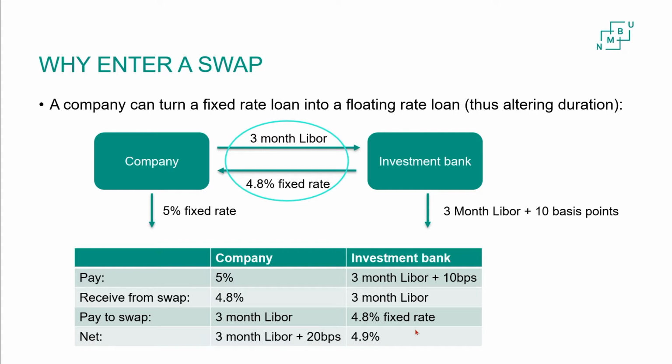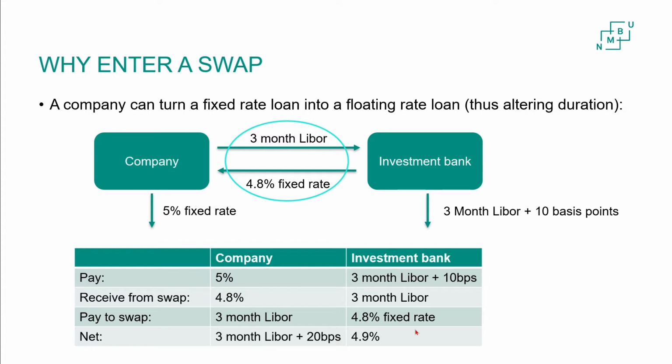So in order to reduce the interest rate risk, you could switch your fixed bond into a floating rate bond, because as you remember, the floating rate bond duration is just the time until the next payment.